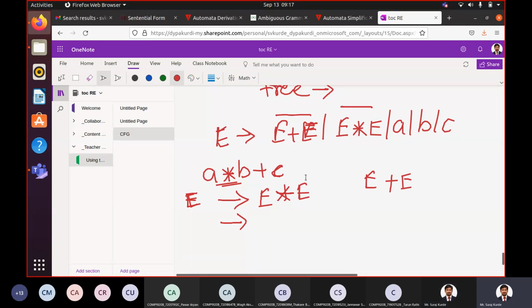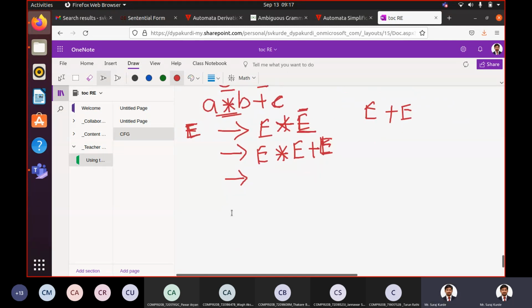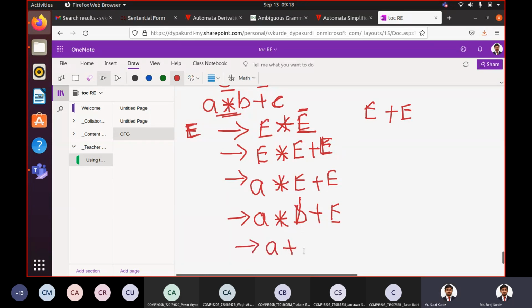The second production rule we can consider for the rightmost E, that is E plus E. Now both symbols are operators and three non-terminals which can generate A, B or C. Further expand it: A into E plus E, A into B plus E, A into B plus C.